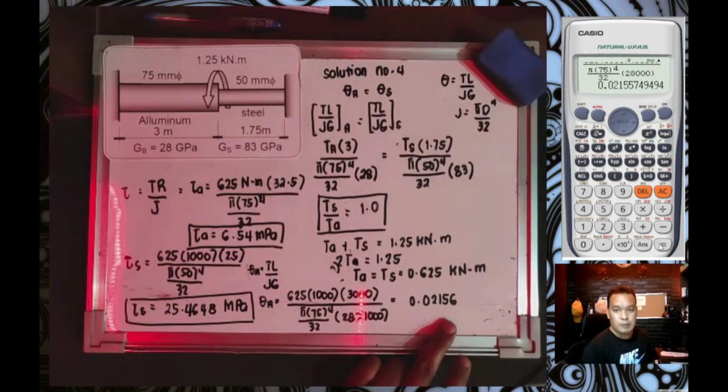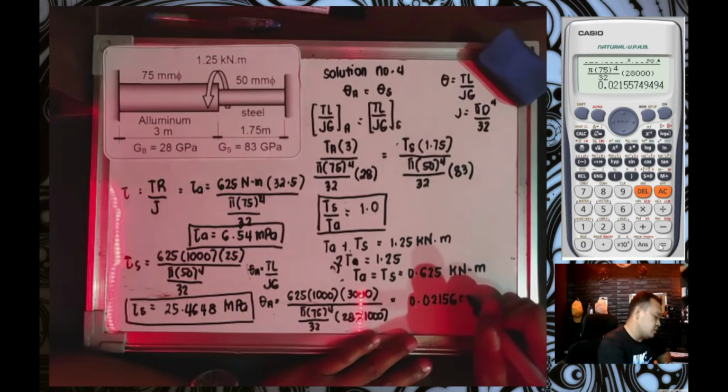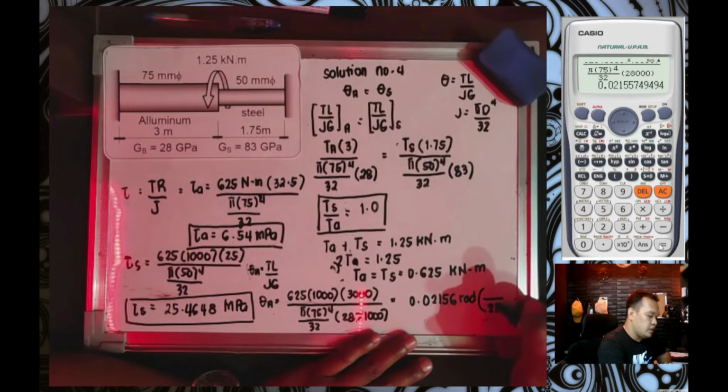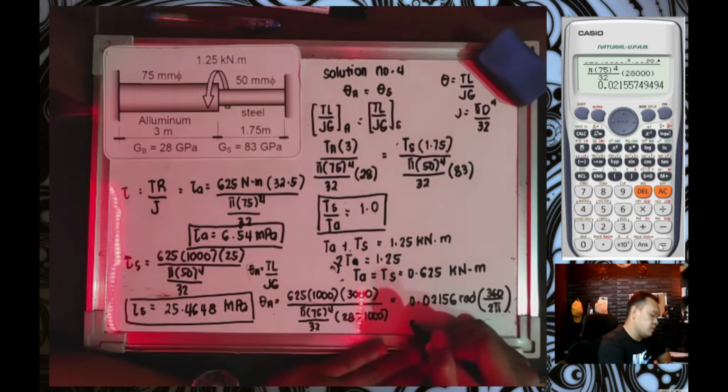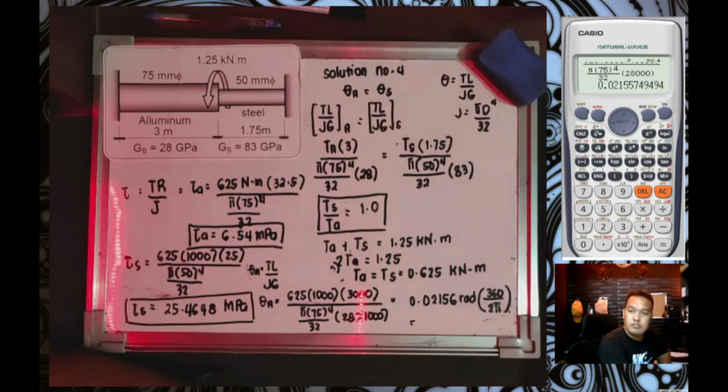So, meron tayong 0.2156 na angle of twist, but this angle is in radian form, no? Ang hinahanap dun sa problem natin is naka-degree. So, i-convert mo lang ito into degree. Naka-rad to. So, 2 pi is equivalent kay 360 degrees. Therefore, hindi na magkasya dun sa board natin.